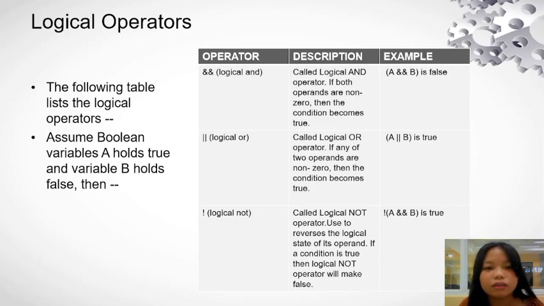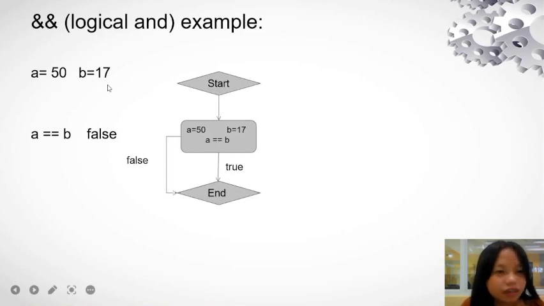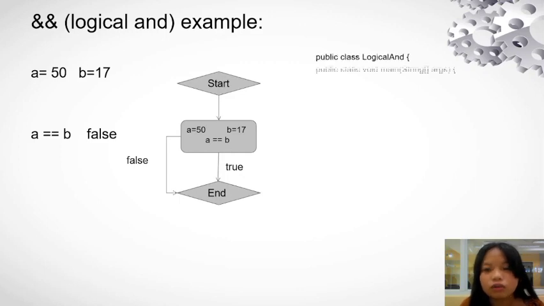I have an example of logical AND. Here, A equals 50 and B is equal to 17. As you can see here, if A is equal to B, it will print true. If not, it will print false. So I have a code here.